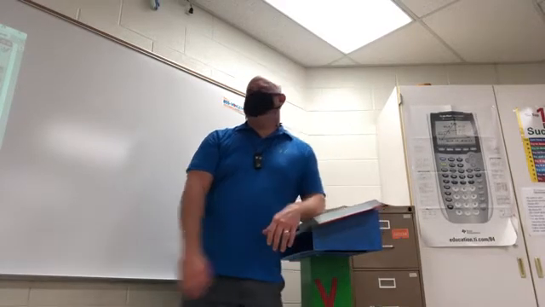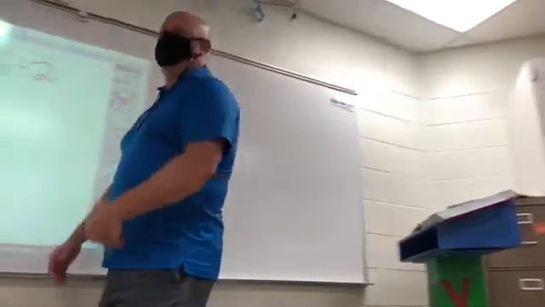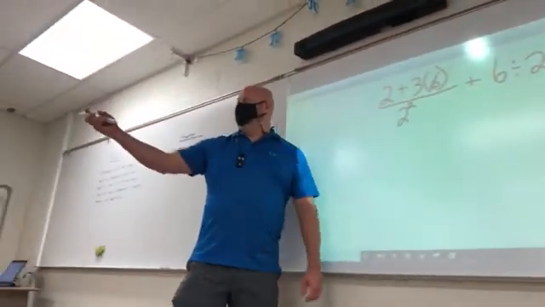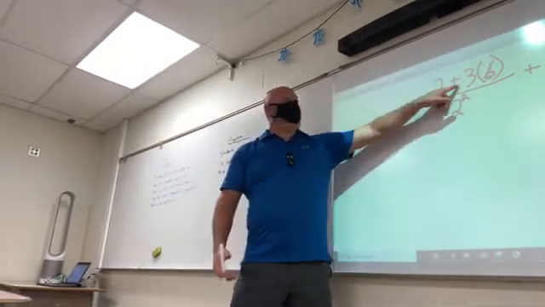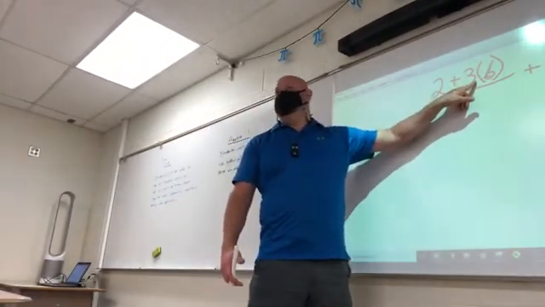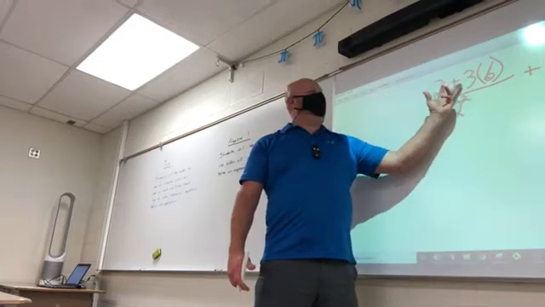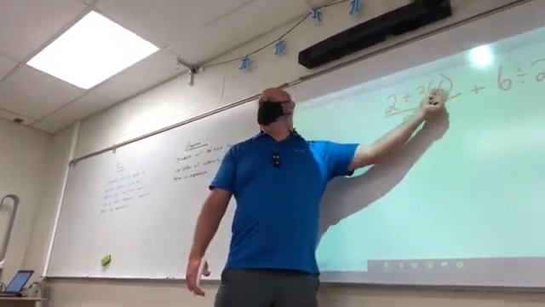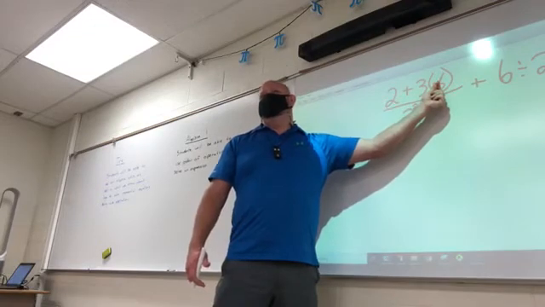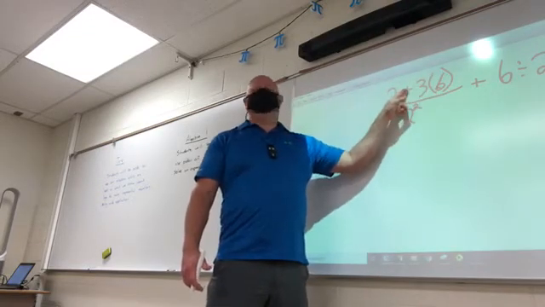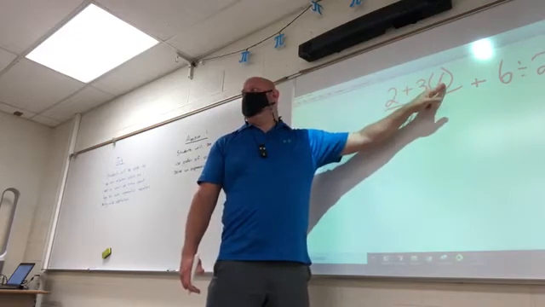What's the very first thing you have to do here? 2 plus 3 times 6? So what did you do first? 2 plus 3? Do we take care of addition first or multiplication first? Do I do 2 plus 3 is 5, 5 times 6 is 30?